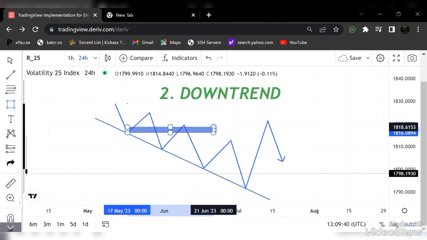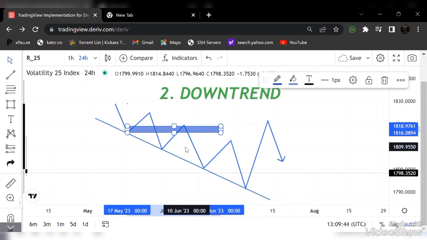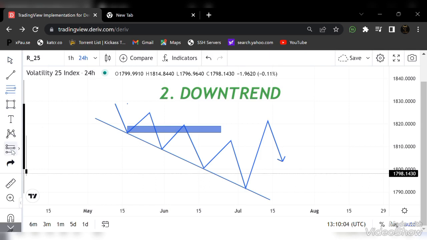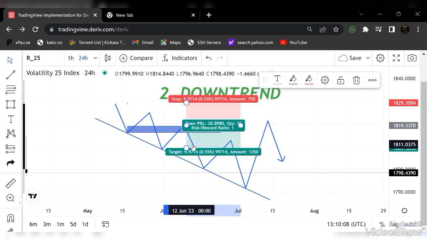This area here, we call it the flip zone. So when you are looking for sales, we have this area here. Price broke the support, and then the previous support became the new resistance right here. That's where you would place your sales, right here.